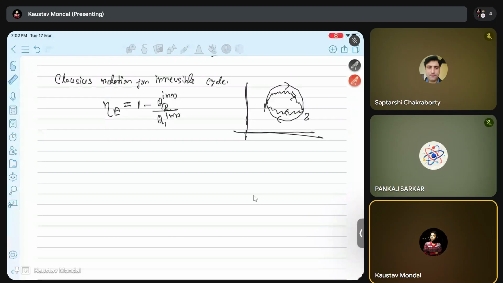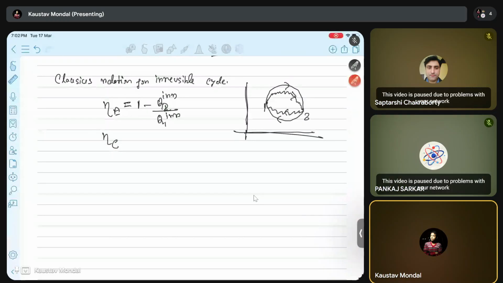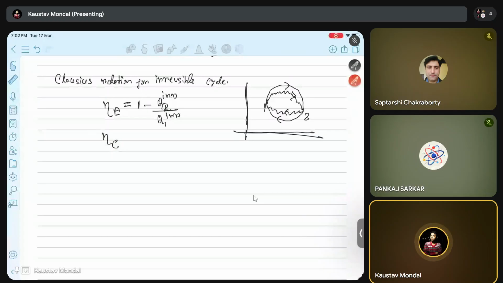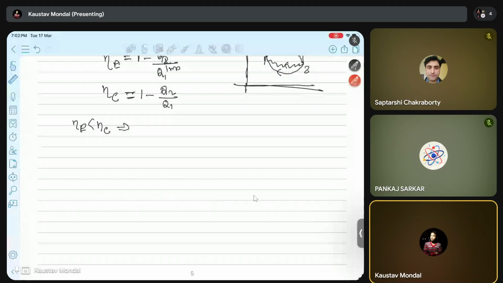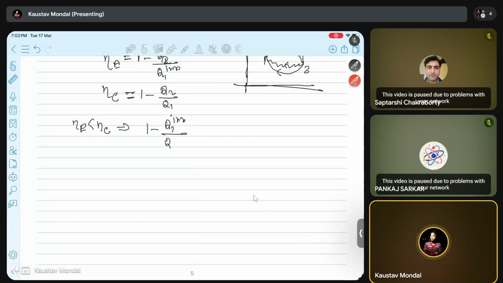Okay, so from the Clausius theory we know that eta E should always be smaller than eta C, so that means 1 minus Q2 irreversible by Q1 irreversible is less than 1 minus Q2 by Q1, which equals 1 minus T2 by T1.